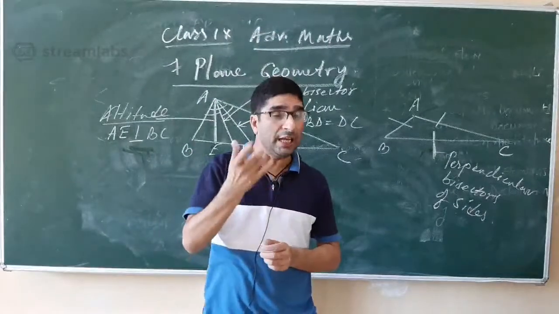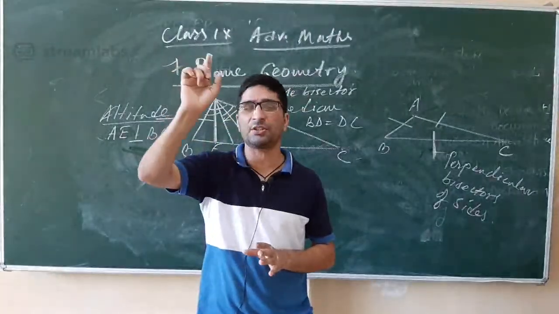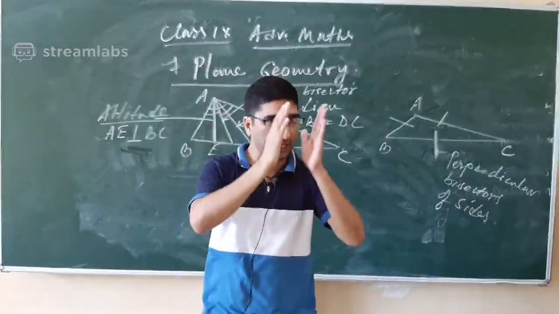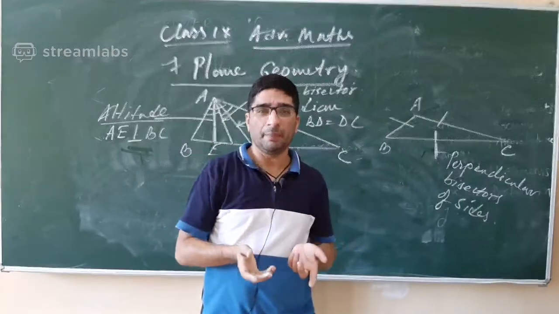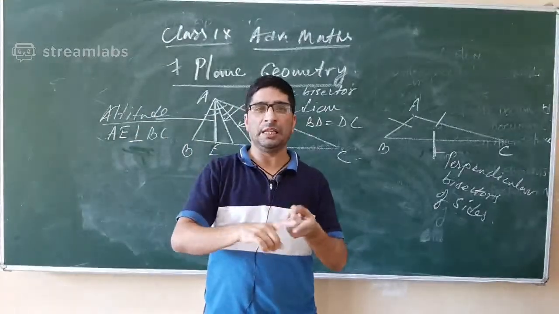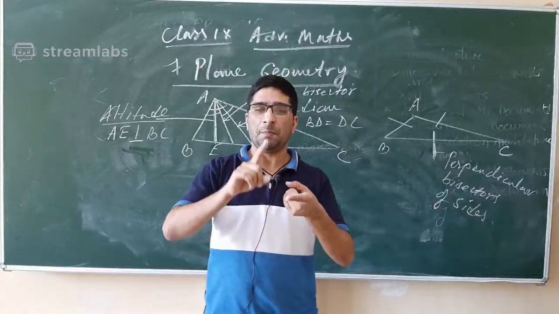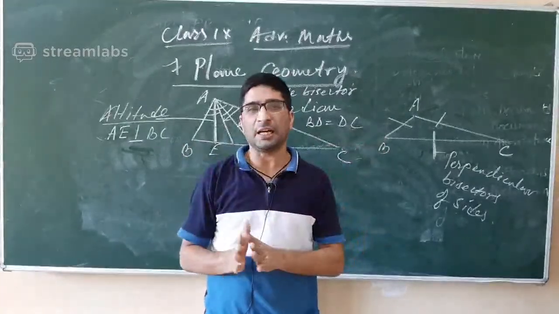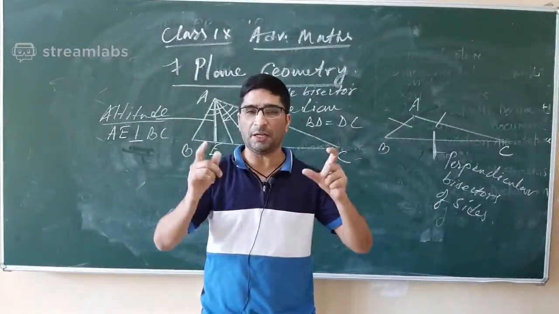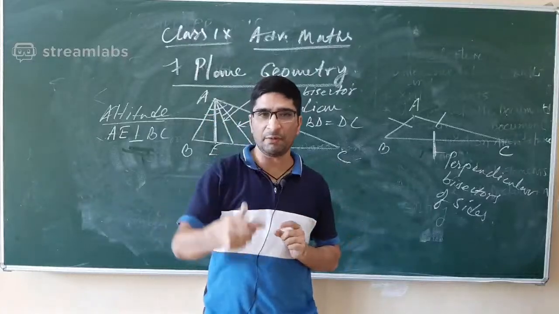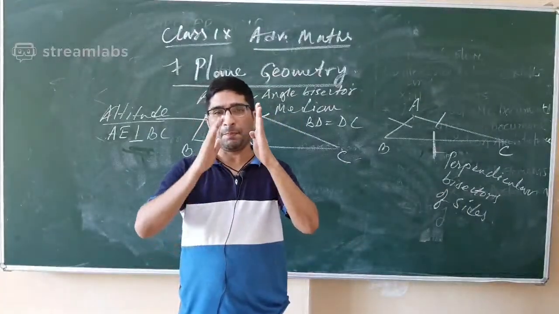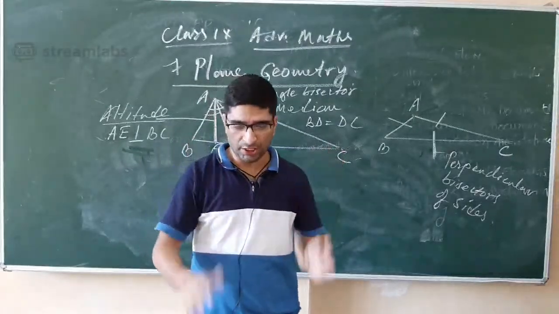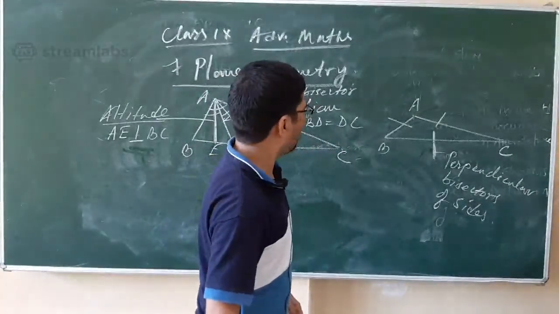Angle bisector bisects that vertical angle into two equal parts. And perpendicular bisector of a side is the line segment which perpendicularly bisects the side, no matter from where it comes. Okay, these 4 points we have understood.